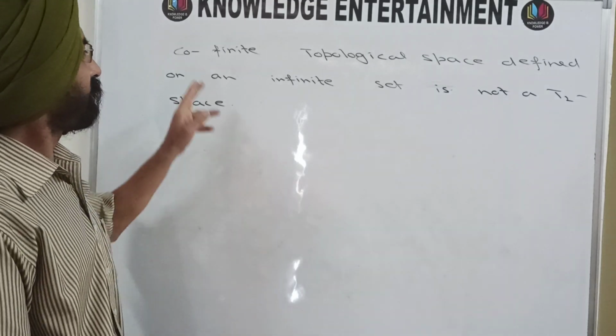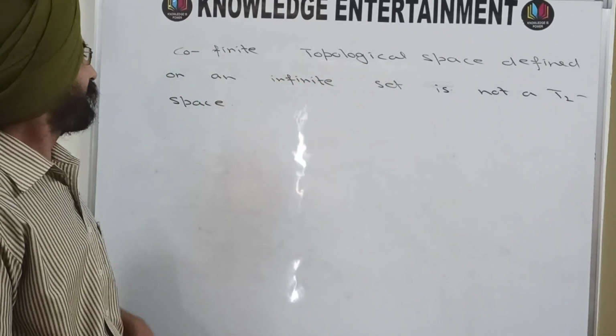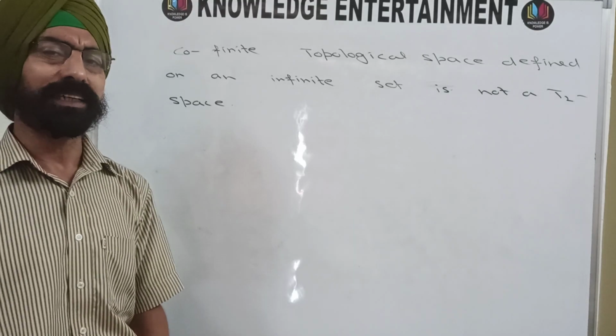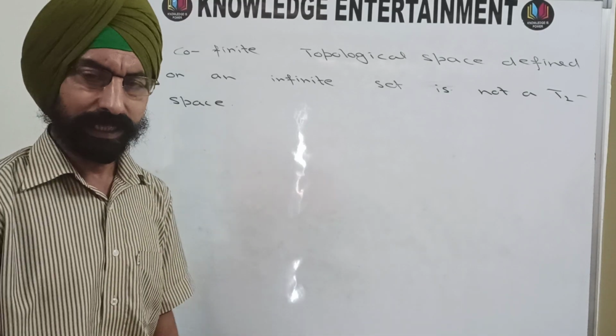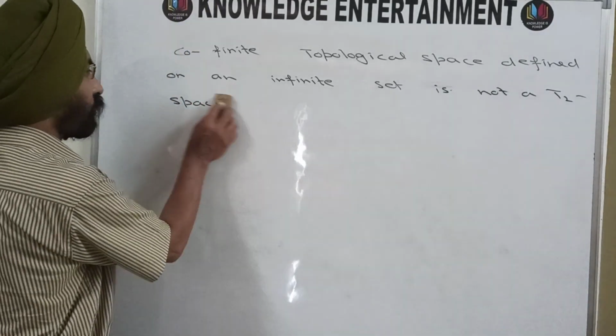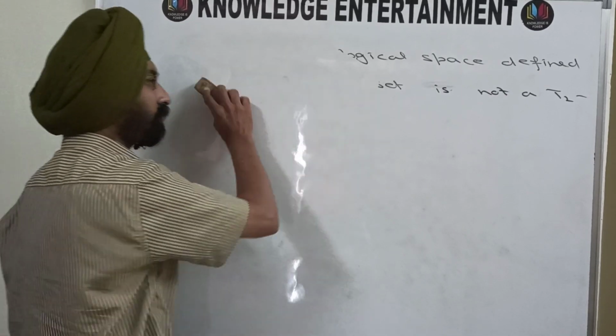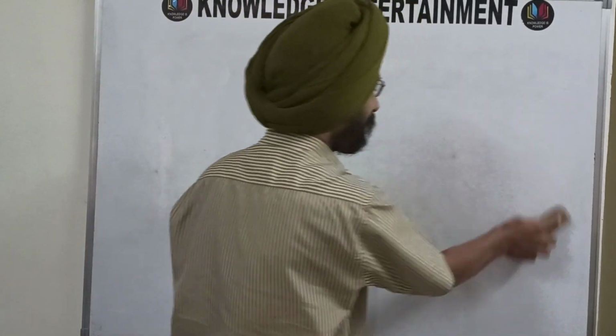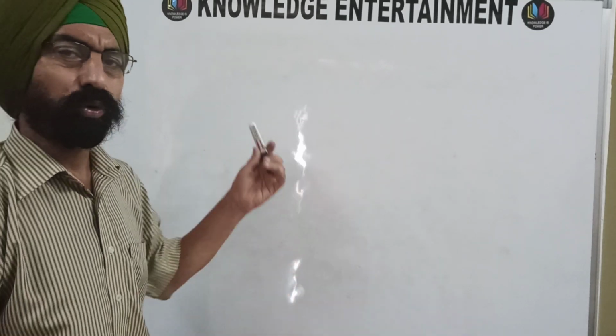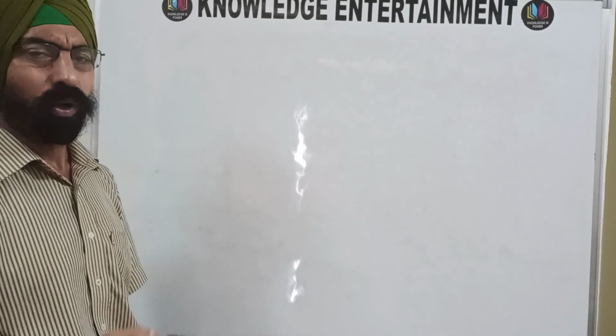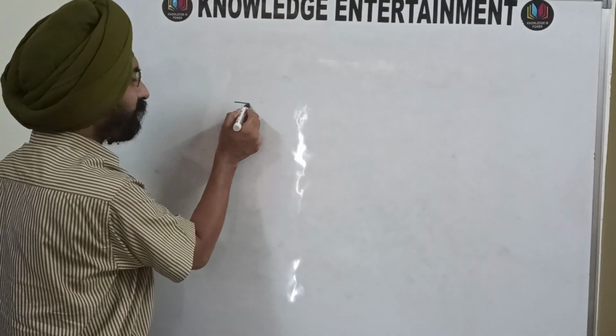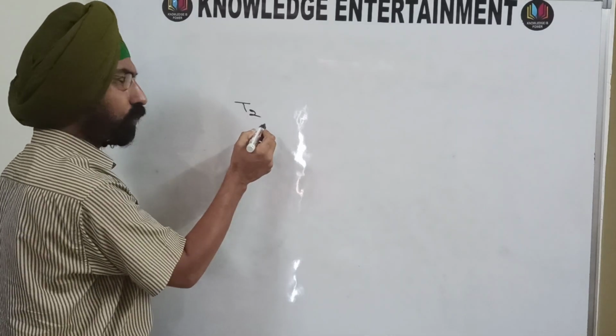So that means cofinite topological space defined on an infinite set is not a T2 space. So this will be a theorem that can be proved on the same lines on the proof of the previous theorem.